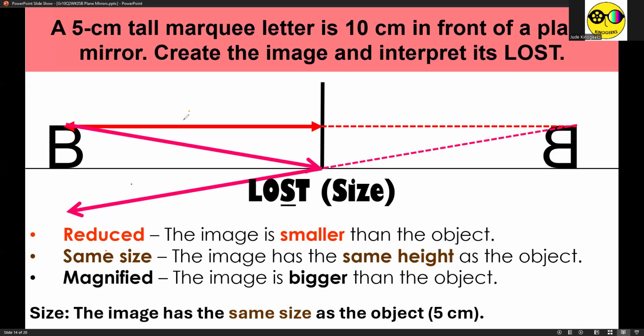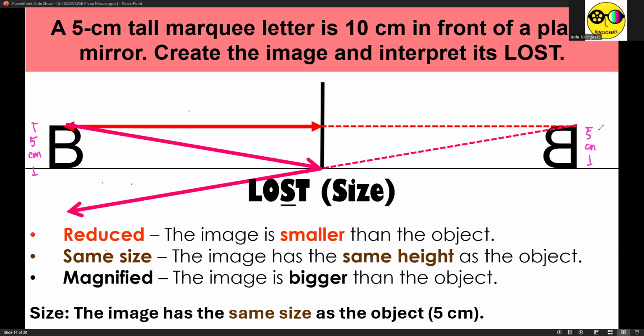So where did 5 centimeters come from? Going back to the problem, it just mentioned that the marquee letter, our object, is 5 centimeters tall. And because they have the same size, then therefore we expect that the image stands 5 centimeters tall as well. You don't expect that when you face yourself in the mirror, you get enlarged or you will shrink, no?